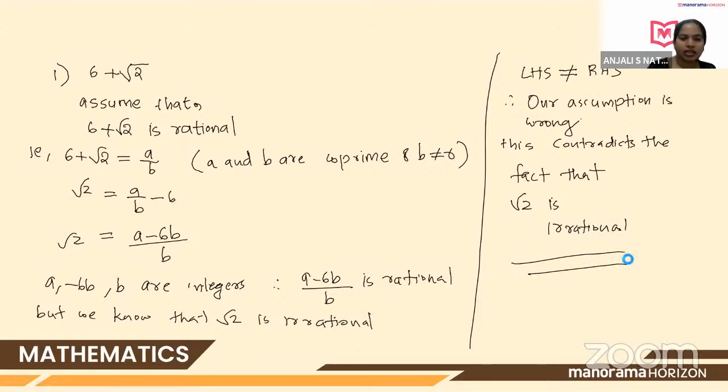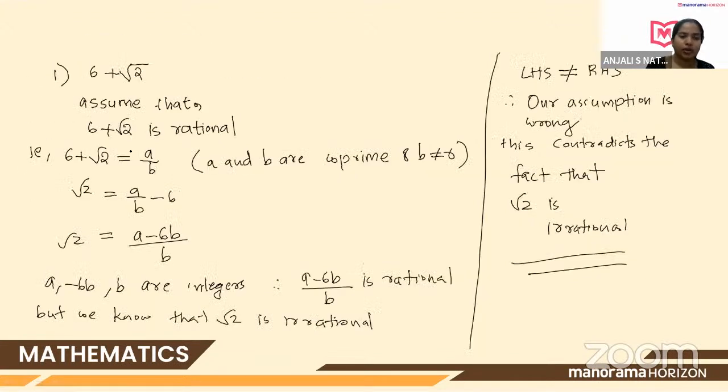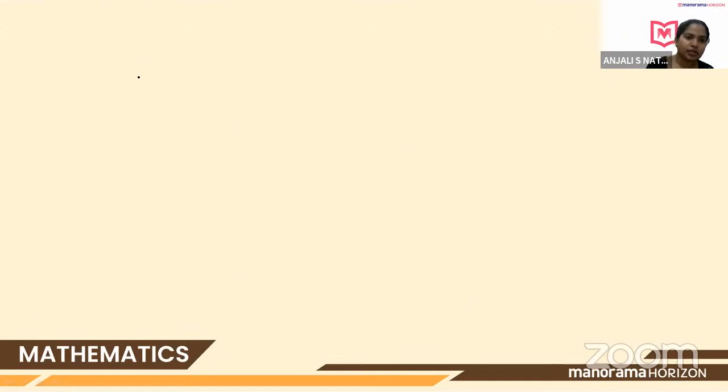The next questions are also similar. Second question is 3 plus 2 root 5. We already know that root 5 is irrational. Again, first assume that 3 plus 2 root 5 is rational.